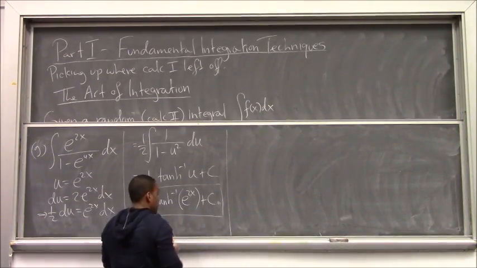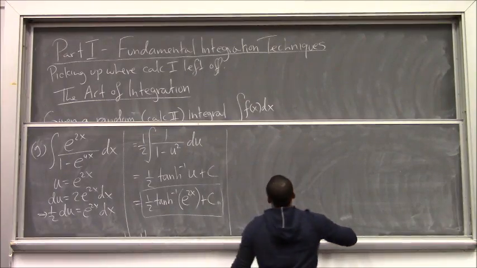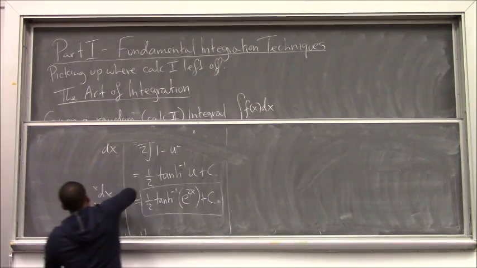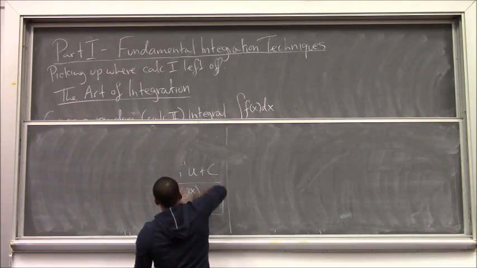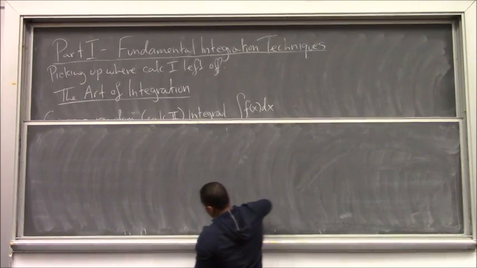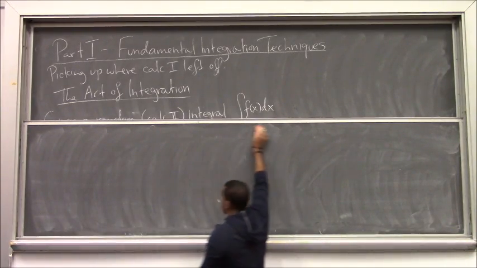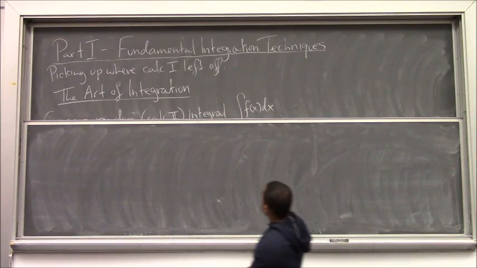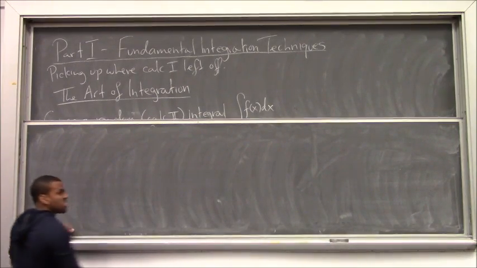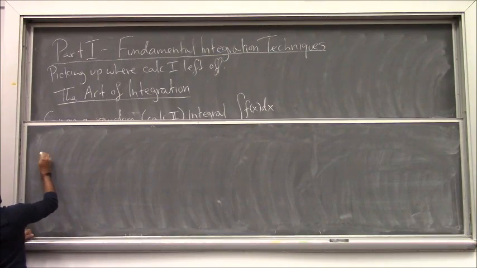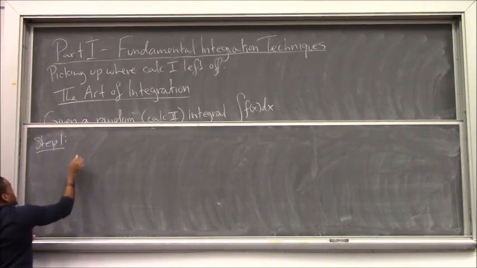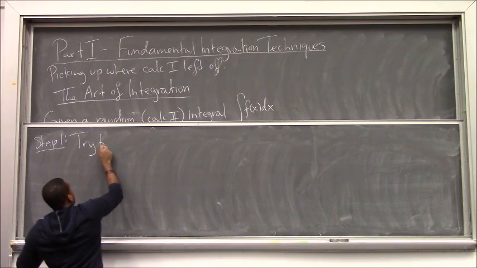You have a random integral, the integral of f of x dx. Whenever you see such an integral, your mind should start going through a certain type of thought process. The first 3 steps of this thought process are always going to be the same. Step 1: I'm going to try to apply a basic rule.